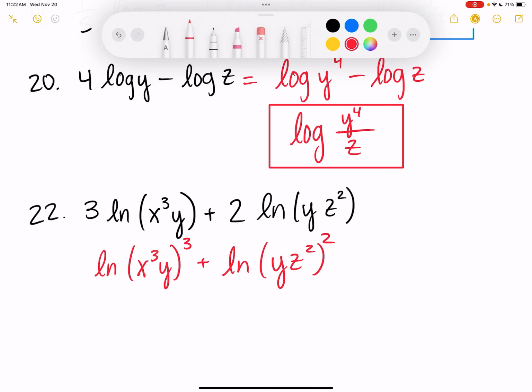Now what? Multiply the powers, yep. So when I do this 3 on here, this is going to be x to the 9th y cubed plus ln of y squared z to the 4th.